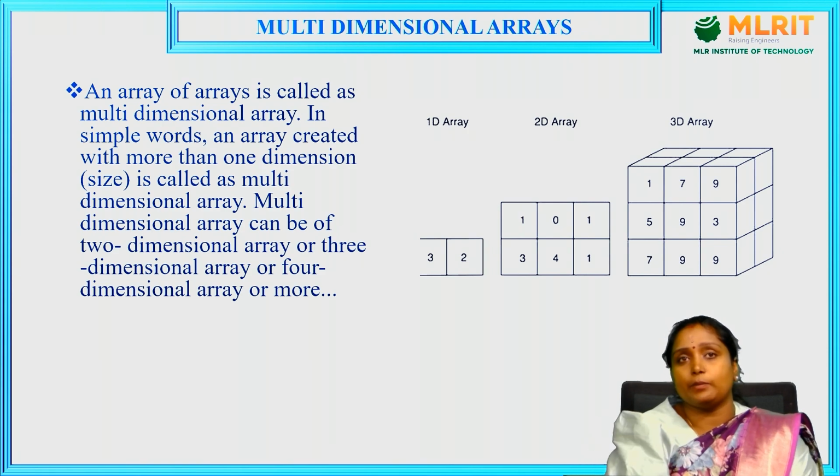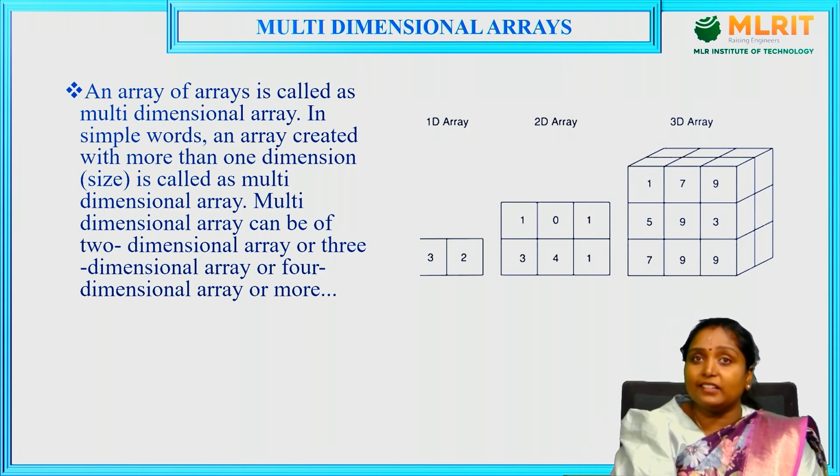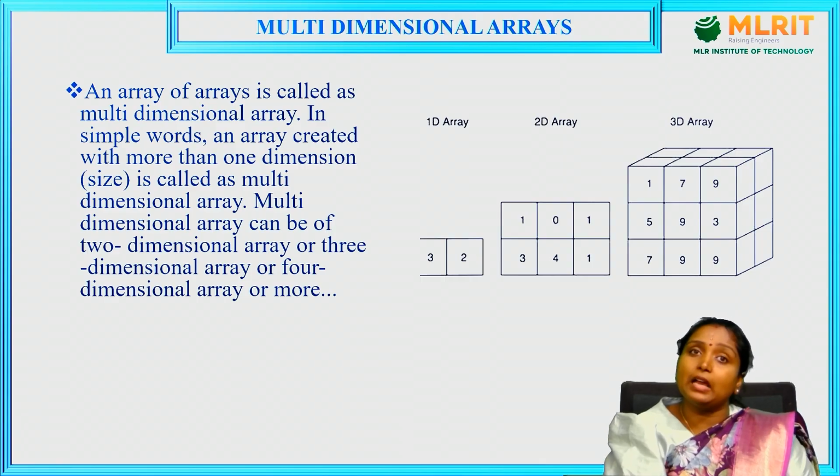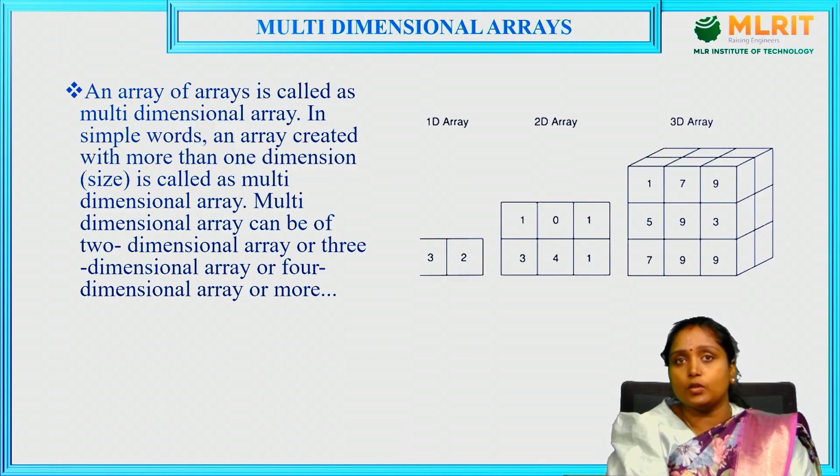Coming to multi-dimensional arrays. An array of arrays is called a multi-dimensional array. In simple words, if you create more than one dimension, it is known as a multi-dimensional array.